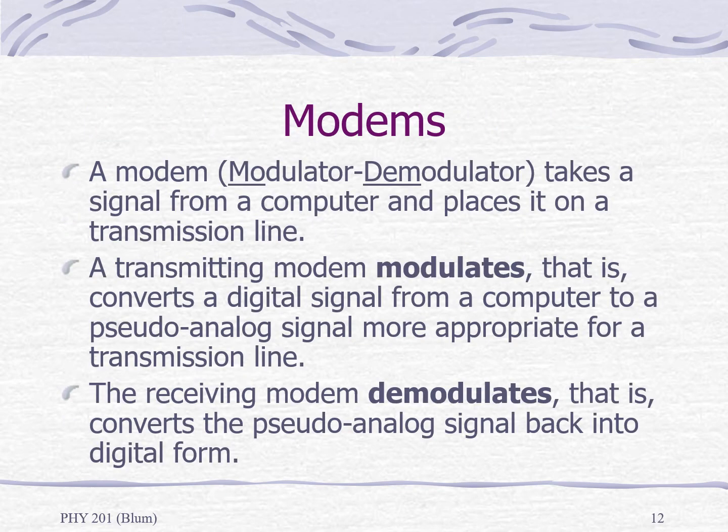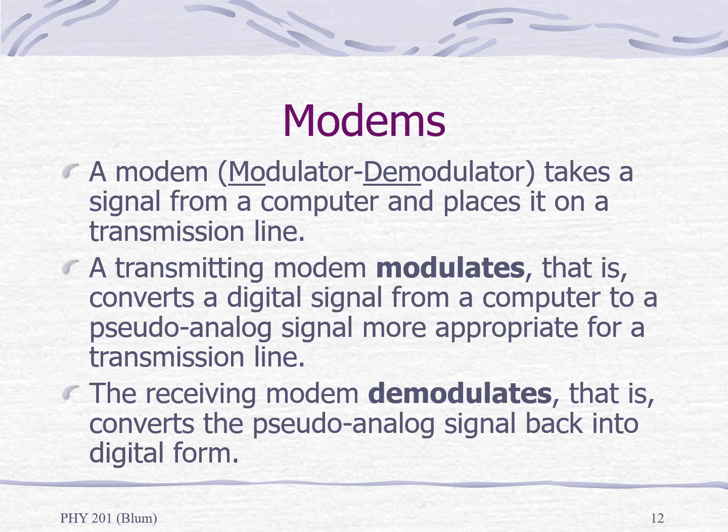A modem is a modulator-demodulator. It takes a signal from a computer and places it on a transmission line, or the reverse process takes the signal off of a transmission line and brings it into a computer. When the transmitting modem modulates a signal, it takes a digital signal from a computer, and it creates a pseudo-analog signal that is more appropriate for sending it down a transmission line.